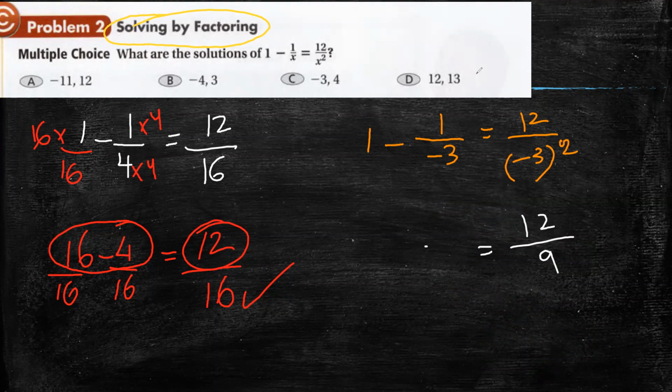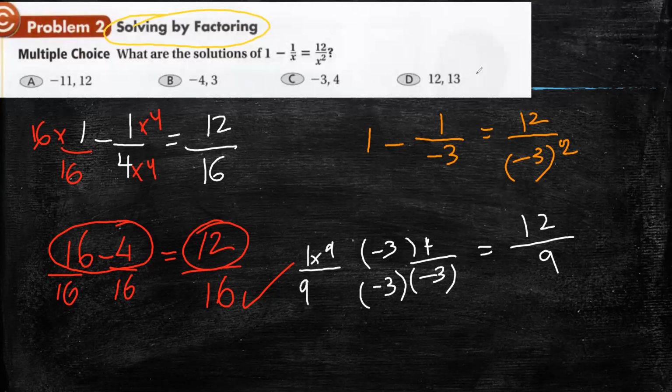Here we have negative 1 over negative 3. To make it 9, we have to multiply by what? By 3. Negative 3. Exactly. And here we have 1, so we multiply it by 9. Then 9 over 9 minus negative 3 over 9. Is it equal to 12 over 9?